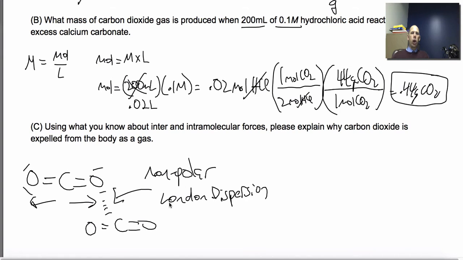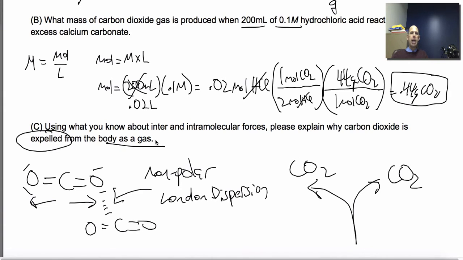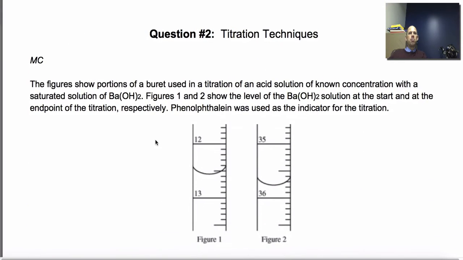Because there are low intermolecular forces acting here, and this molecule is pretty small, so it has really low polarizability, the CO2 particles tend to not be attracted to one another, and they're really an ideal gas. They get expelled from the body as a gas. And you can write that out in a narrative or however else you'd like to write that.